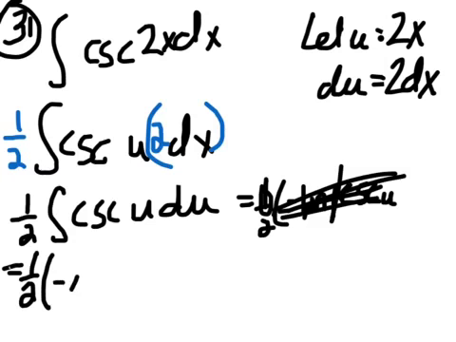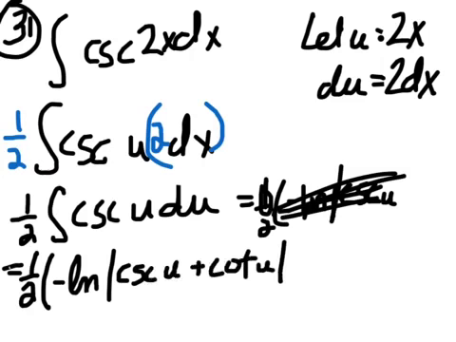If you look it up on your formula sheet, it's negative ln cosecant u plus cotangent u plus c. And we could call that C1 because in a minute we're going to distribute that half, and we'll call the new constant C, because a half times the unknown constant is still an unknown constant.